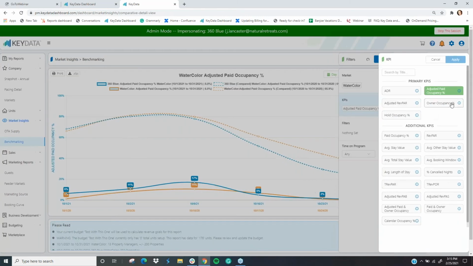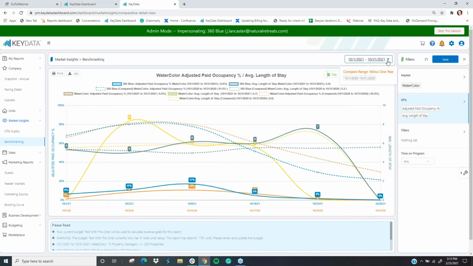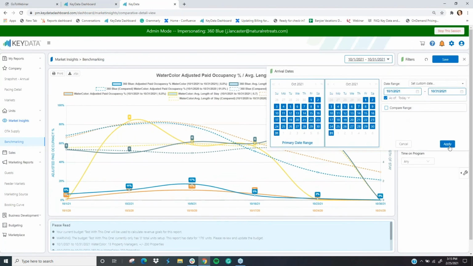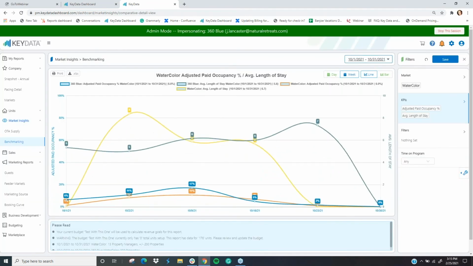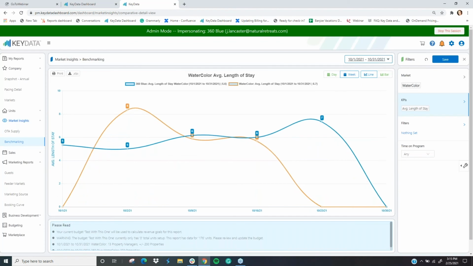And thank you, Jen. I'll go ahead and do the same thing. And in the filters, I'm going to select length of stay. I'm sorry, let me remove the comparison range. So here, when we're comparing ourselves against the market, we can see that our length of stay is a little bit shorter than the competition, which tells us that we might have some opportunities, again, for some clients to stay a little bit longer.